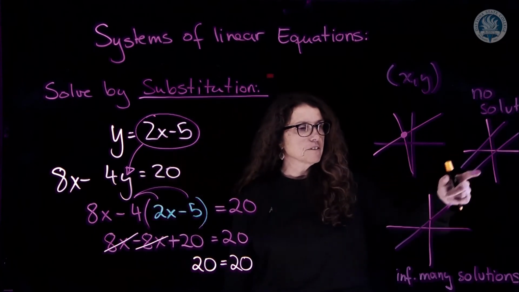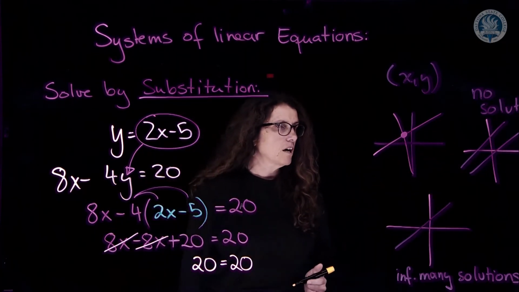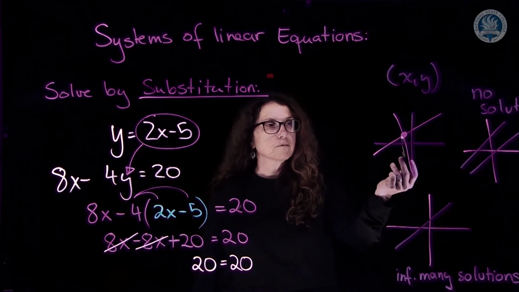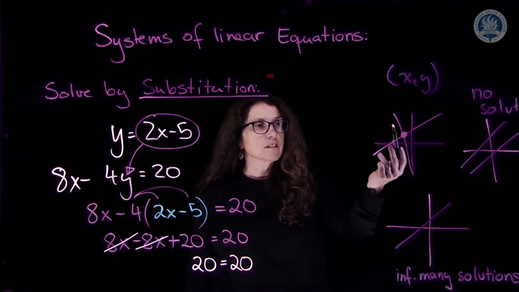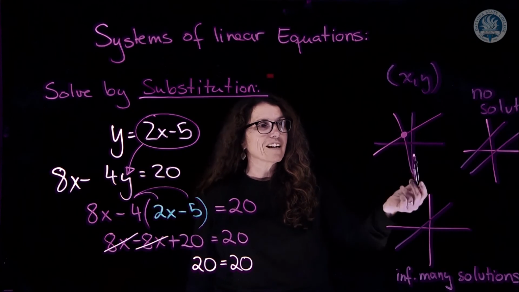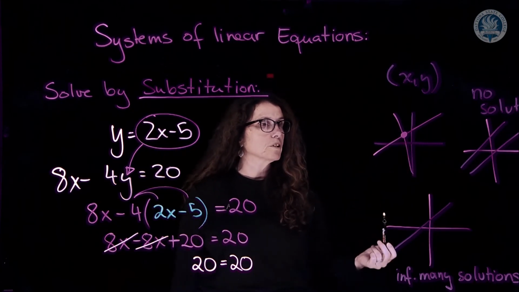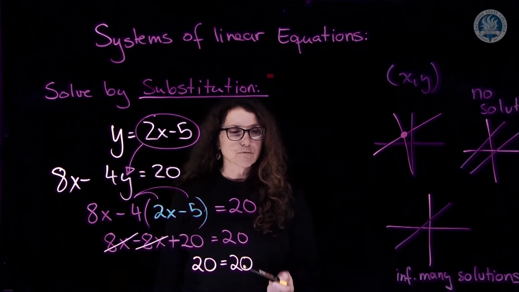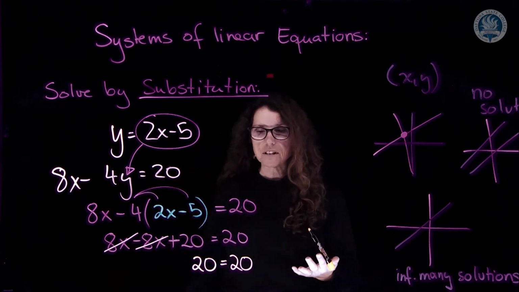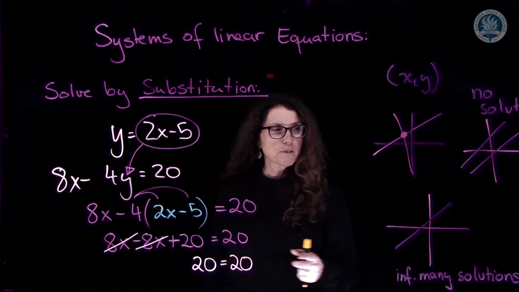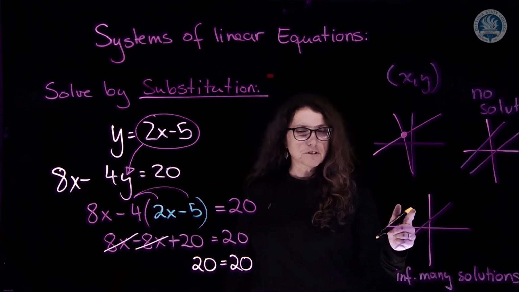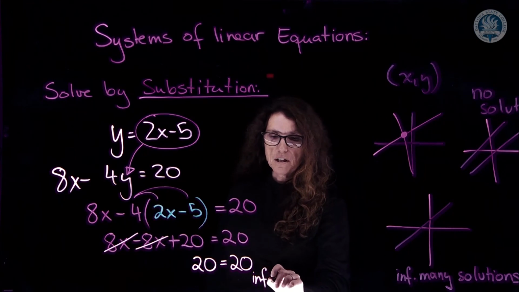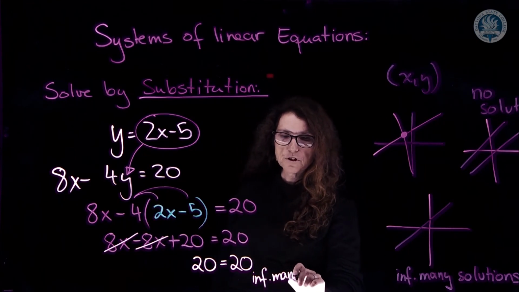Now here on the right-hand side are our three cases. We don't have a variable, so we're not solving for x and y in this case. They do not intersect at just one point. What happens is the left-hand side is equal to the right-hand side, basically an identity, which means this would be our third case, and we have infinitely many solutions.